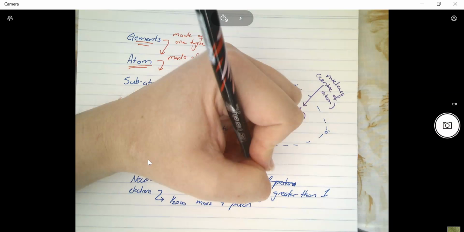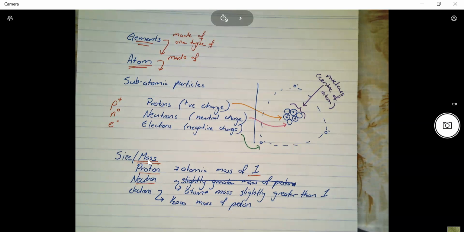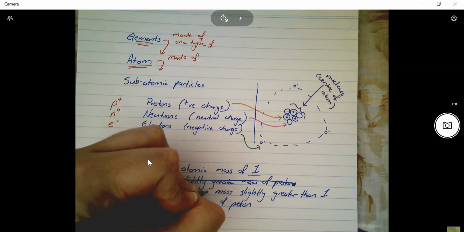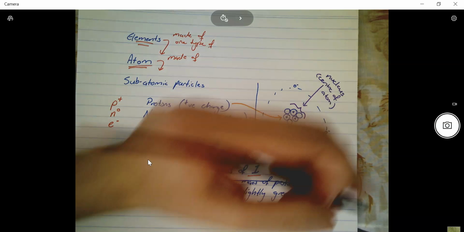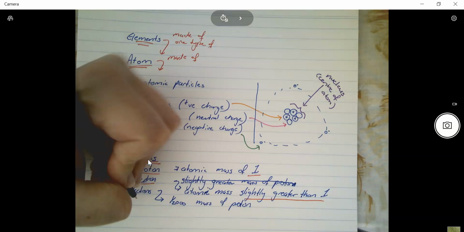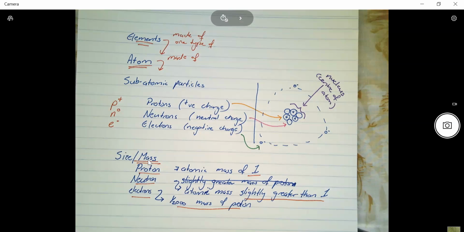Protons have an atomic mass of 1. Neutrons have an atomic mass slightly greater than 1. And electrons have a mass that's 1/2000th that of a proton.